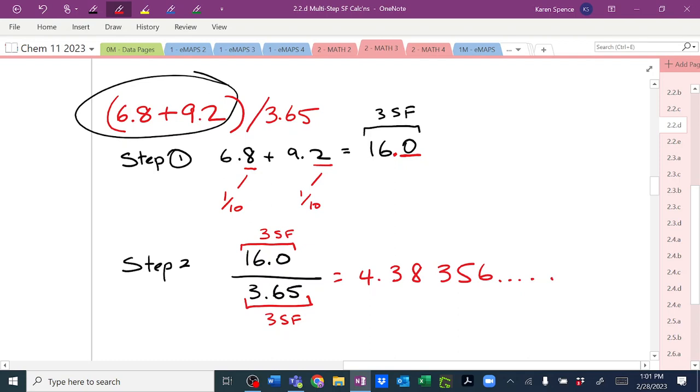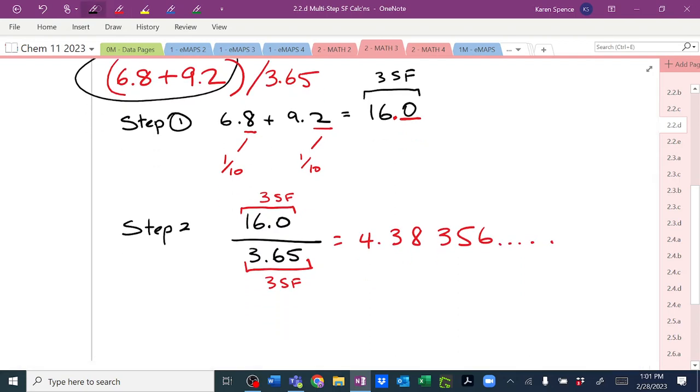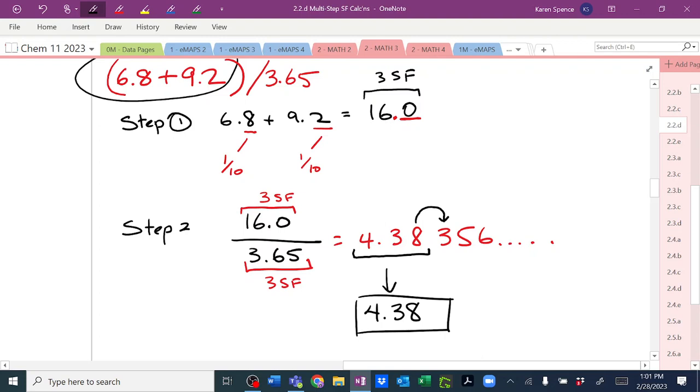There's some numbers after that, but I don't want all those numbers. All I want is 3 sig figs. So we're going to look to the right of the 8. That gives us a 3 there, so we're not going to round up. We are going to keep it as an 8, and then that would round to 4.38. You won't be marked on your work for this. You'll only be marked on your final answer, but like I said, it's really hard to keep track if you don't write it down.